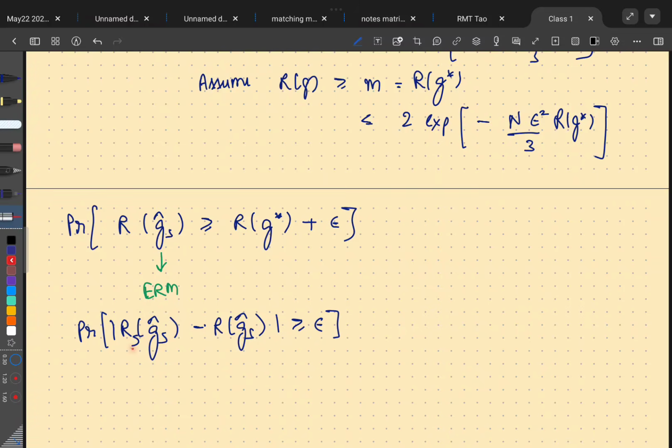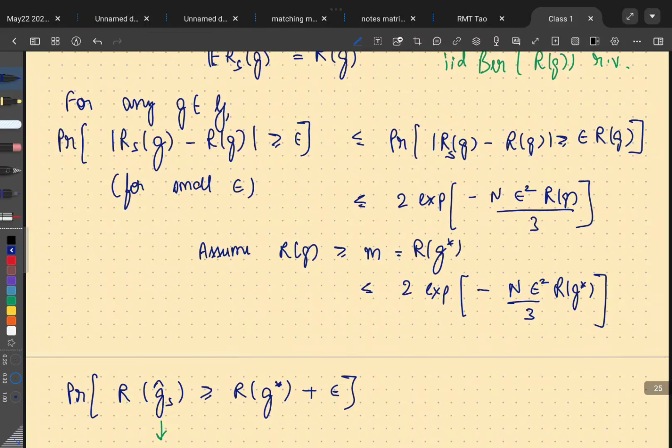So now you can't argue that Rs of GS hat is a sum of IID Bernoulli random variables with parameter R of GS hat, because R of GS hat itself is a random quantity that depends on the n IID samples. Whereas in the earlier case, this quantity is fixed, independent of the n IID samples.